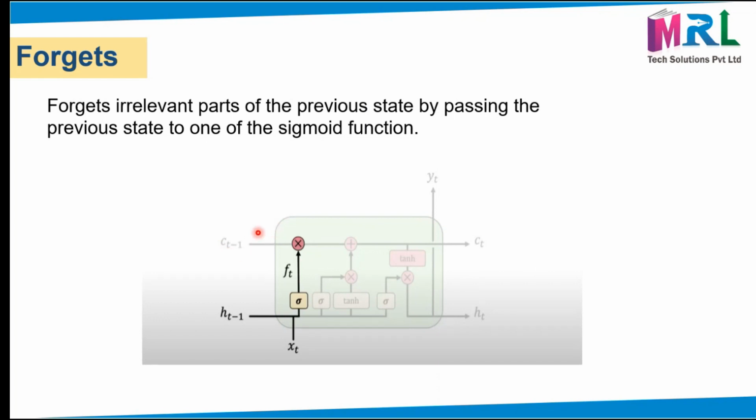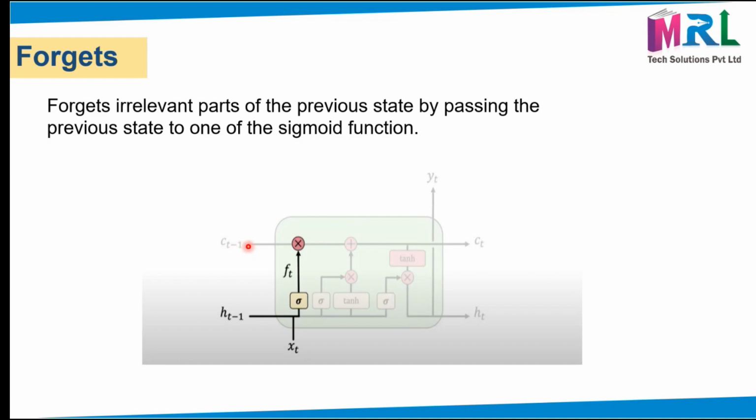So C of t is the thing, and this has been passed through this gate. When you make this 0 or 1, sigmoid is nothing but 0 or 1. If you make this gate open or closed, when you open it this value will be passed here. When you close it, the new value will be sent. Where we can apply this is, for example, if your statement is "he is a good boy".